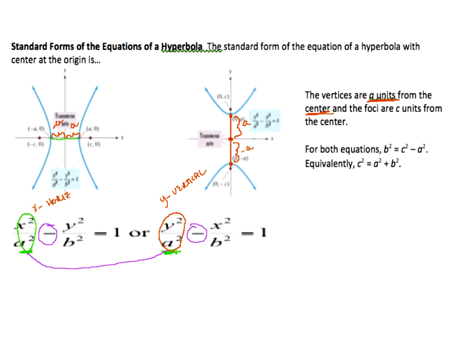And then the foci are C units from the center. So let me point those out to you as well. So from here to here, that is C units, as well as going in the opposite direction. Still C units, but I put negative C to denote going downward. And same thing here. Let me go below.